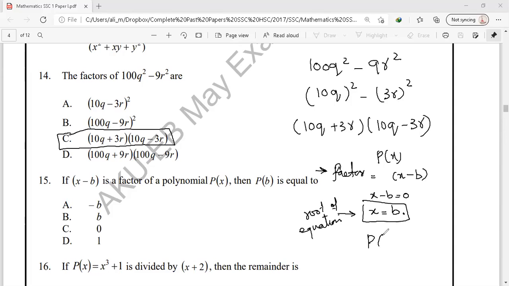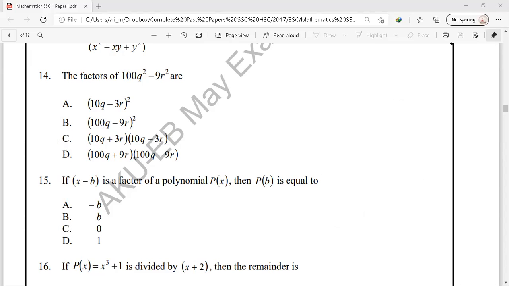So if we find the value of the polynomial p at x equal to b, absolutely we will get this polynomial equal to 0. So the correct answer in question number 15 is option C.